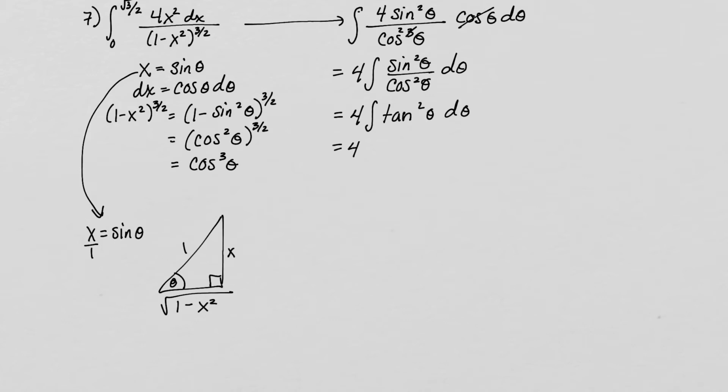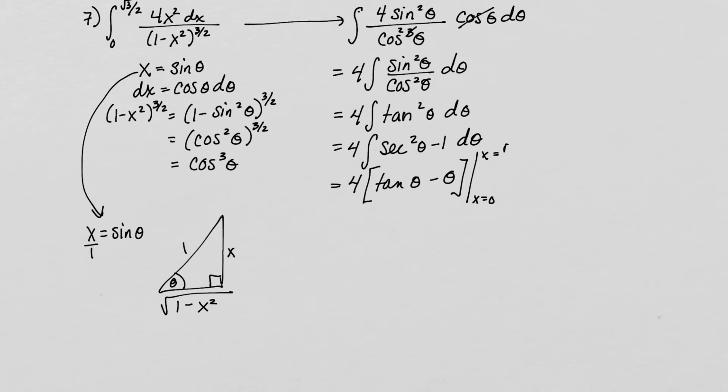And then if I use the identity that tangent squared theta is secant squared theta minus 1 d theta, you're going to end up with 4 times the integral of secant squared, which is tangent theta, minus theta. I'm not going to have that plus c. Remember, I'm using limits of integration, but we want to remember they are x values.